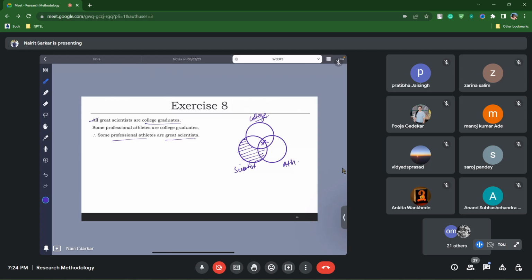Anyone? Valid or invalid? If we say also some professional athletes are not great scientists, which one is valid? One or two? Two is valid. And one?